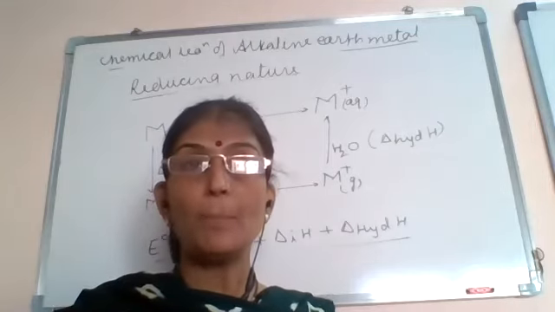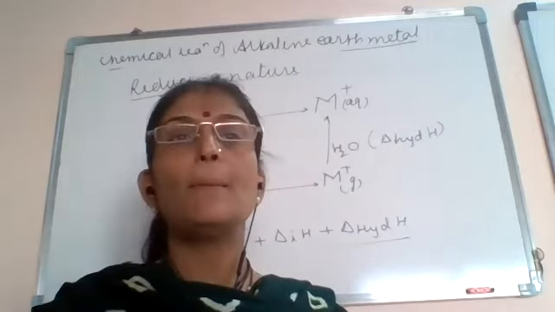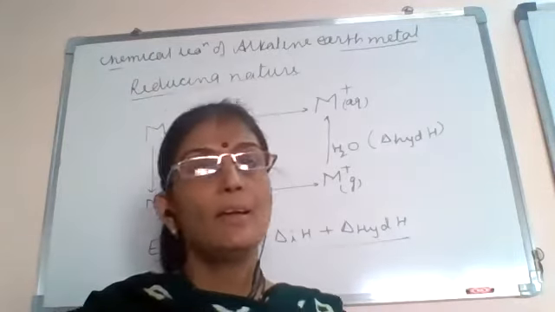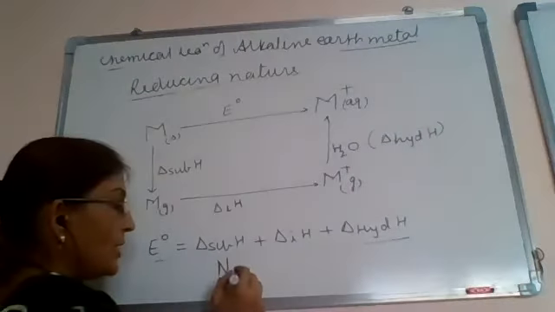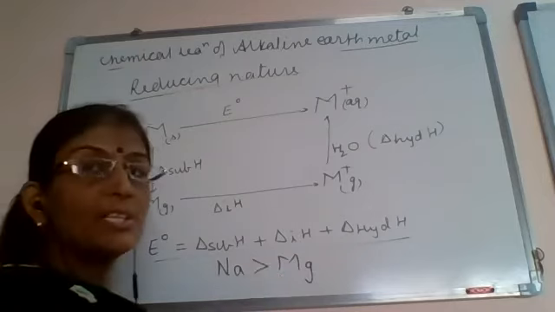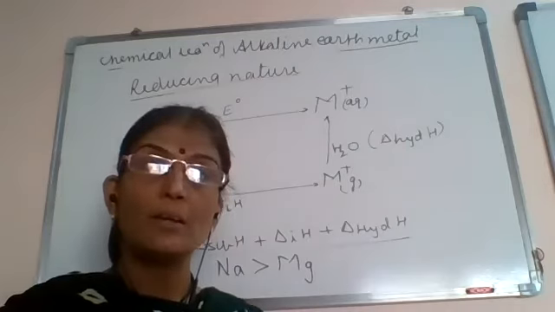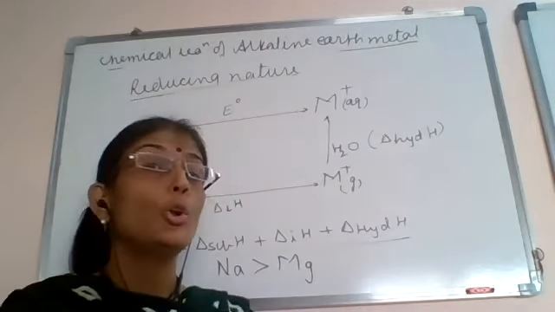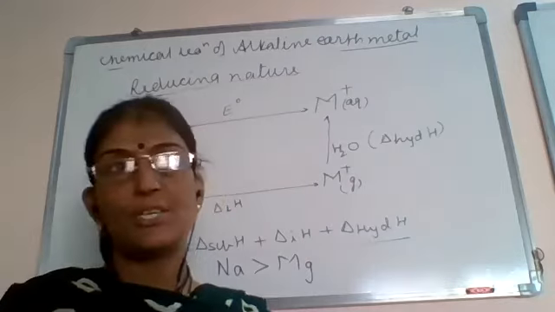And if we compare with alkali metals, then alkali metals are better reducing agents than alkaline earth metals. For example, if someone asks which is the better reducing agent, sodium or magnesium, we will say sodium is the better reducing agent than magnesium. What's the reason? The size of the sodium atom is big. It has more tendency to lose electron, and that's why it is a better reducing agent.